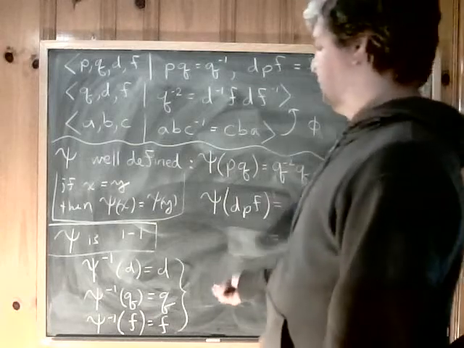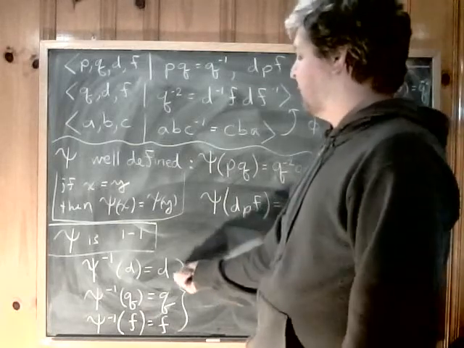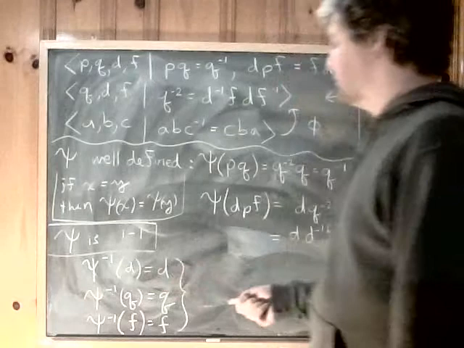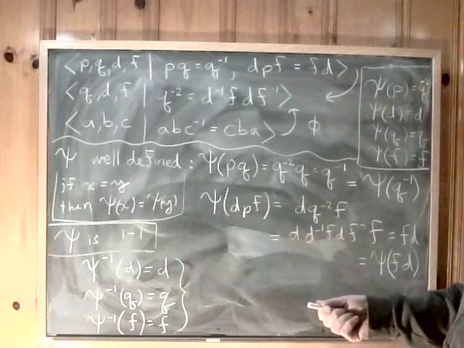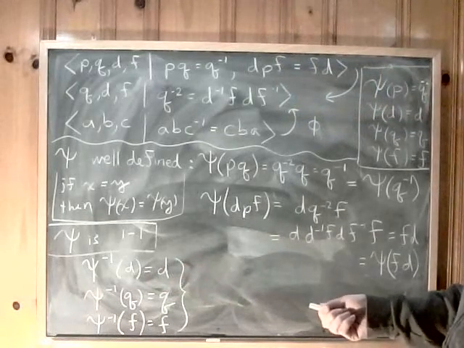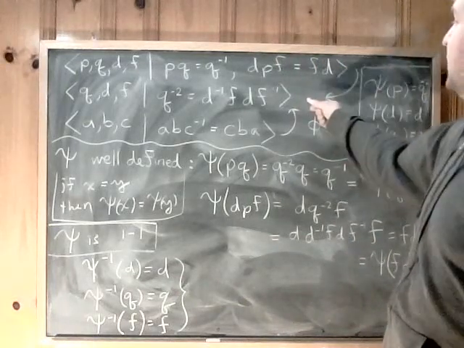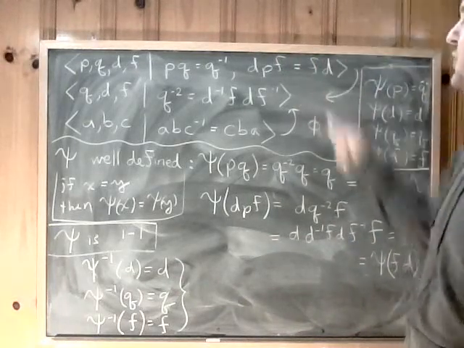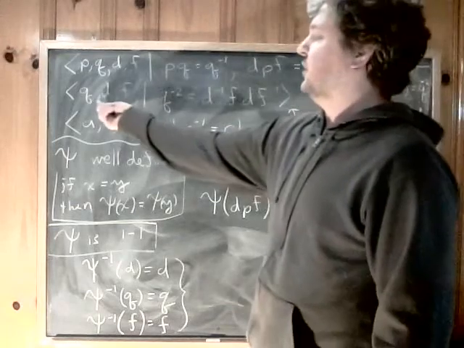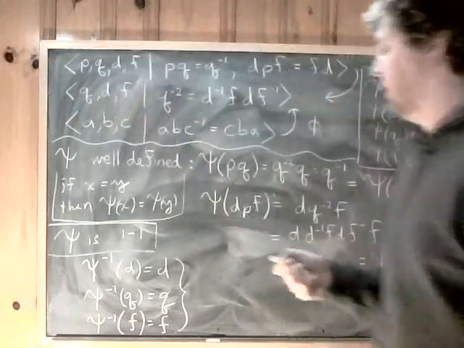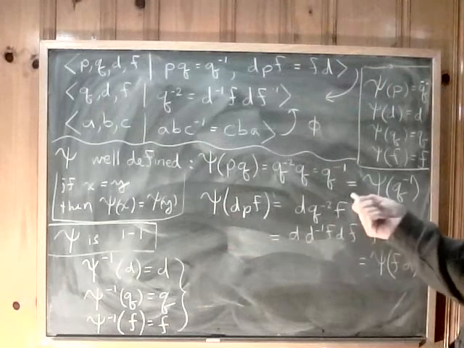So this will turn out to be the easiest way to do it here, because I can just define C inverse to give me back those three letters, D, Q, and F. Because if I'm going C inverse, it's going in this direction from the second group to the first. It only needs to be defined on Q, D, and F. It doesn't need a P because there's no P in there.